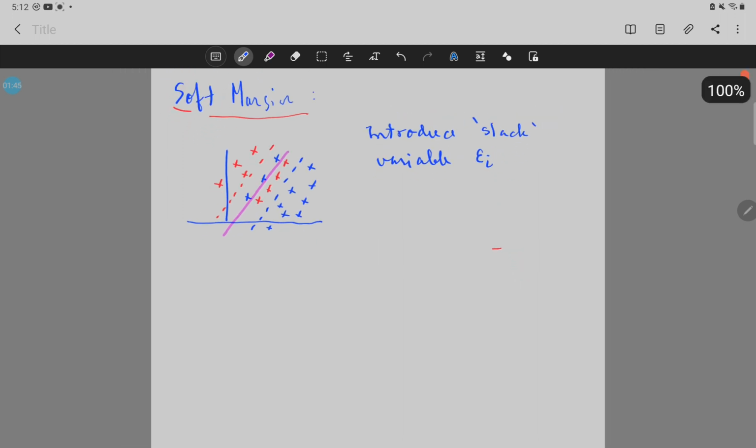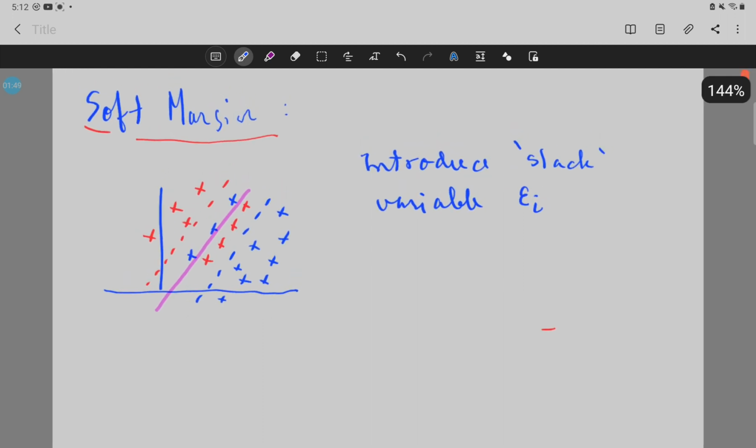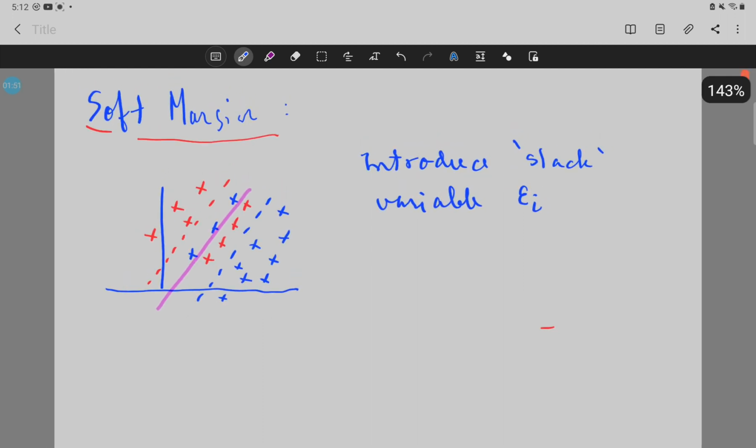When we do this, similar to the example that we looked at last time, we're trying to minimize the cost function.